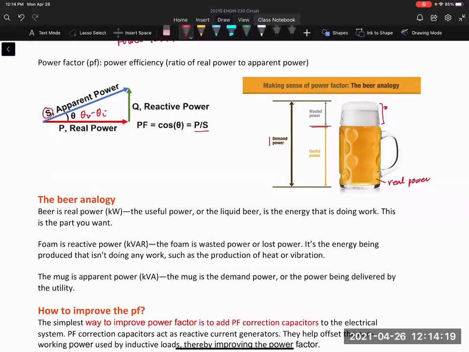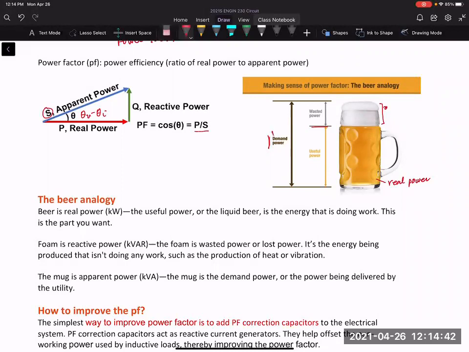But the real power is the power actually being used. So how the power company charges you is they charge you not the useful power, they charge you this. And if you are a company and they charge you this, what would you do?